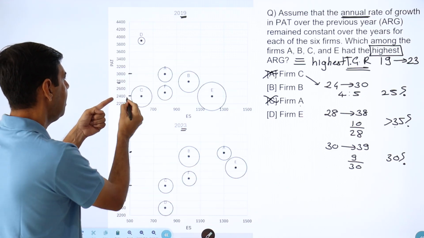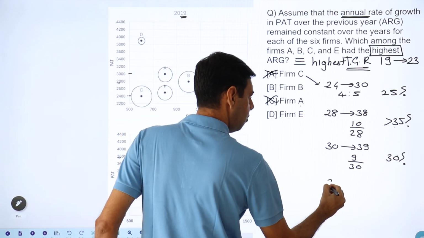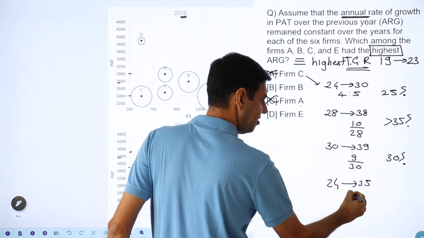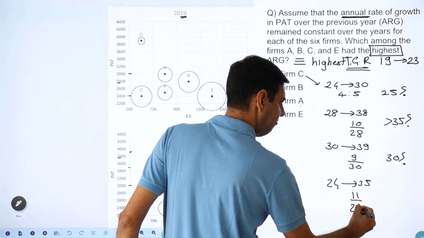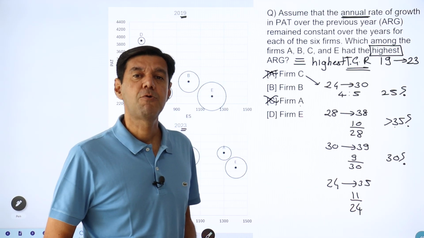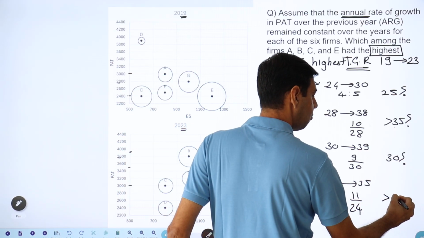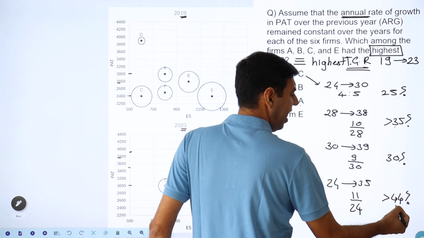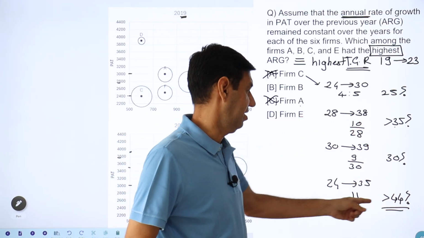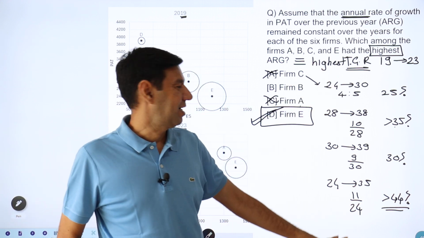Firm E. E was 2400, went on to become 3500, an increase of 11 on a base of 24. 1 by 24, one needs to know, student. 1 by 24 is 4.1666. When you multiply that with 11, the growth rate is more than 44%. And this is definitely more than this. When we write more than 35, we mean just a little more than 35, right? So this is my answer in this case, without doing much calculations.